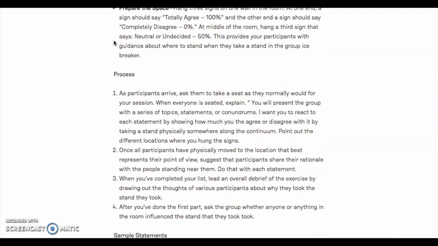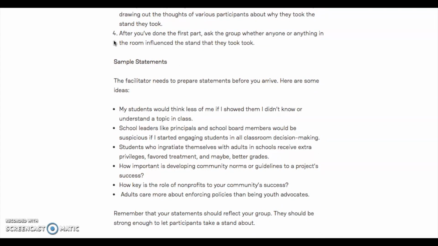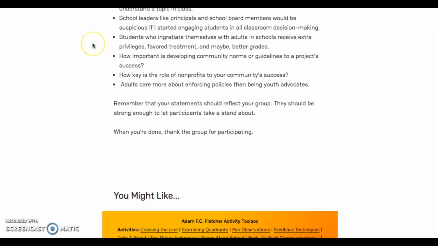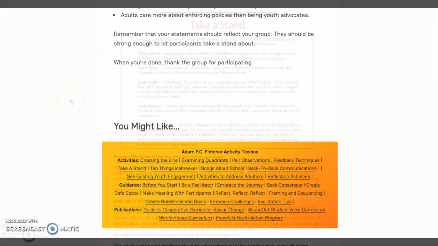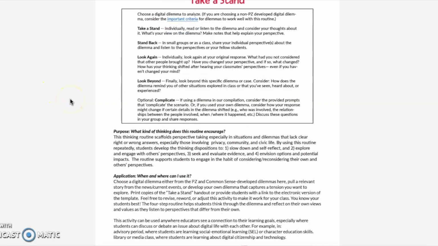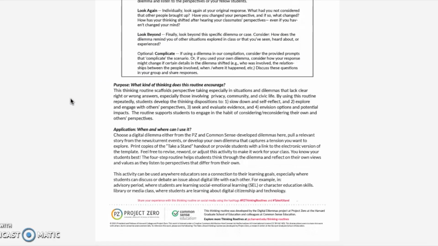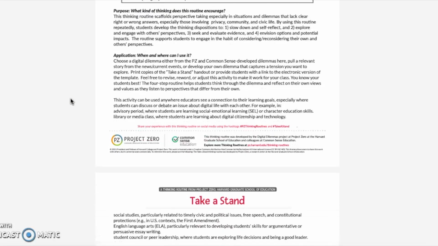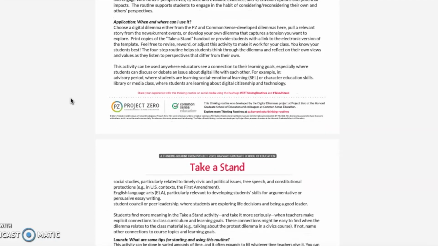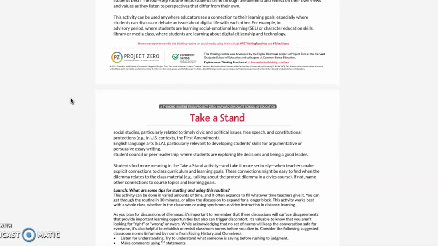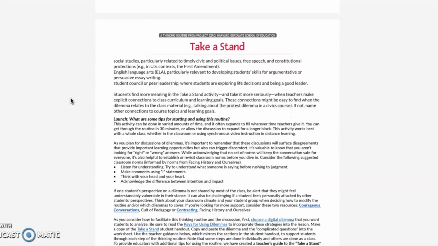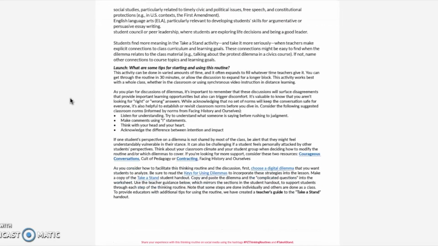Can be more, or they can be kind of low stakes statements, or they can be really controversial statements. I would recommend starting with the lower stakes statements until the students get comfortable, and then you can ramp it up to more contentious topics later.